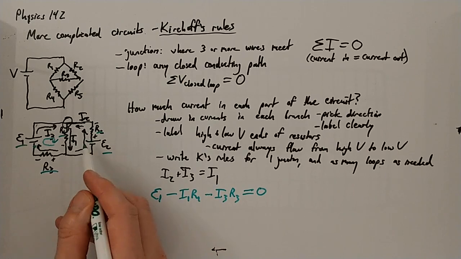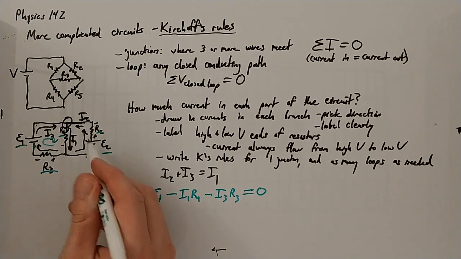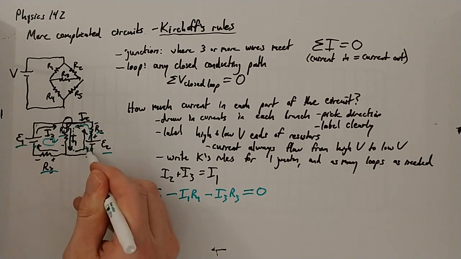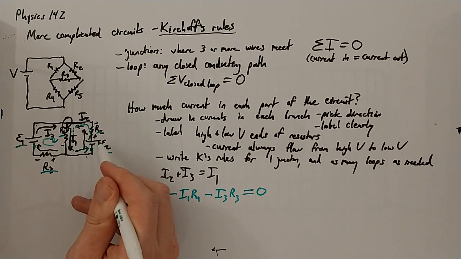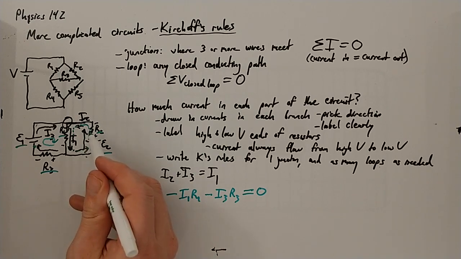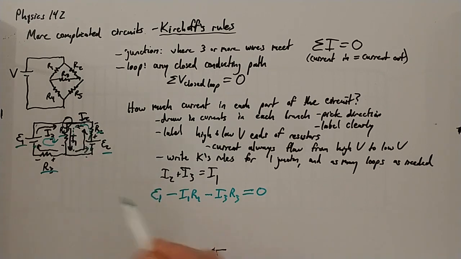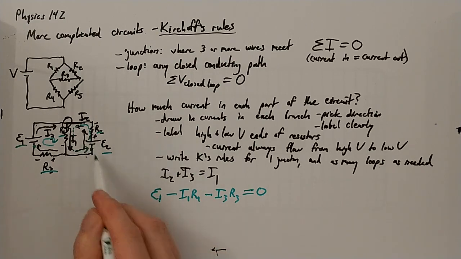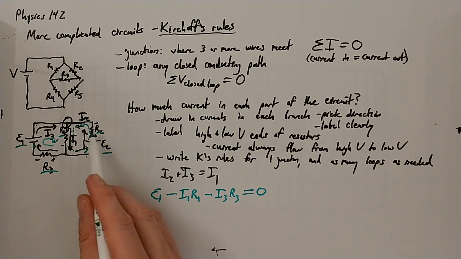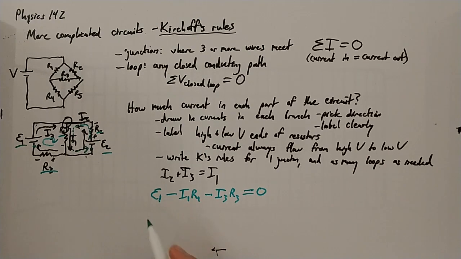So I'll do one more loop. I'll start here, and I'll go around, and I'll come back to where I started. So let's say this is the loop that I do. Here I gain an amount of potential going across this power supply, so I gain epsilon 2.